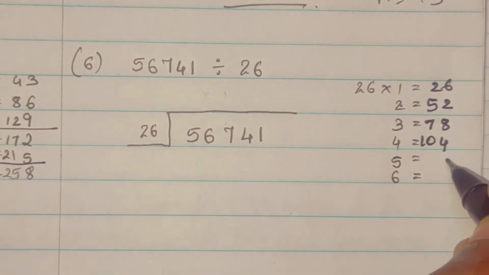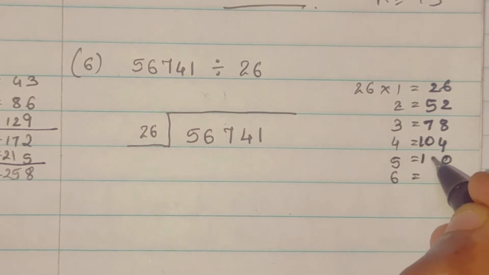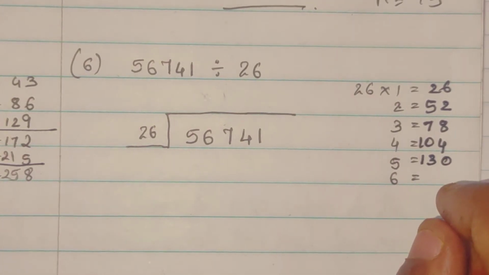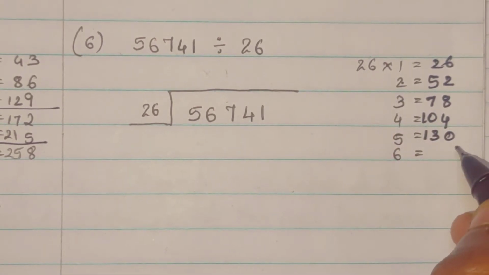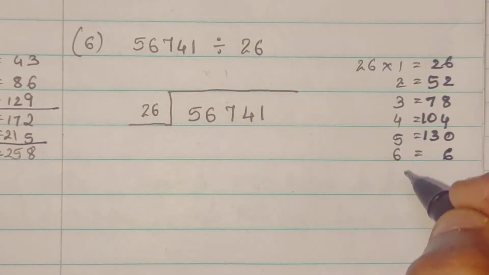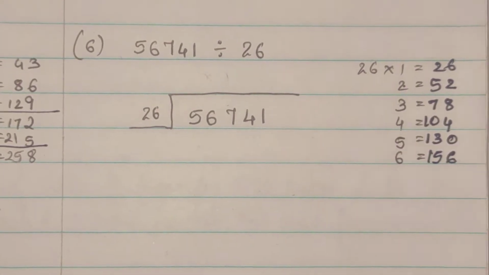Then 5 6s are 30, 3 carry, 5 2s are 10 plus 3, 13. 6 6s are 36, 3 carry, 6 2s are 12 plus 3, 15, 156.